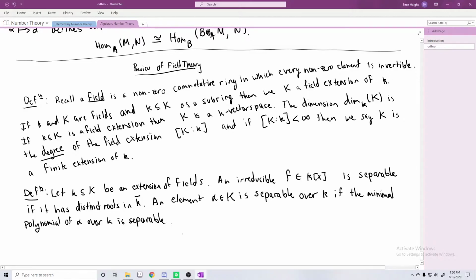Okay, finally, big K is a separable extension of little k if every element of big K is separable over little k.